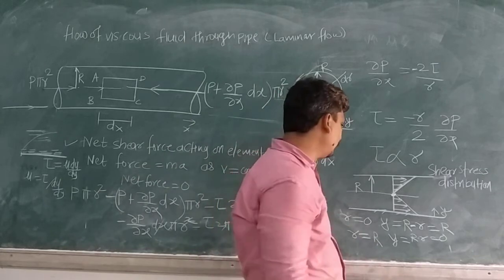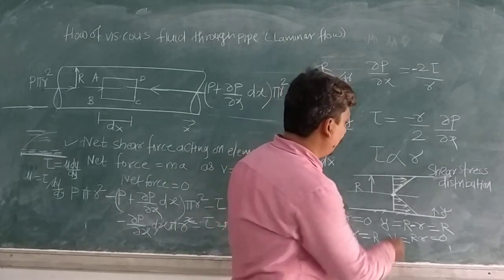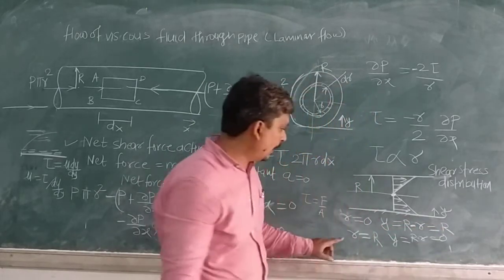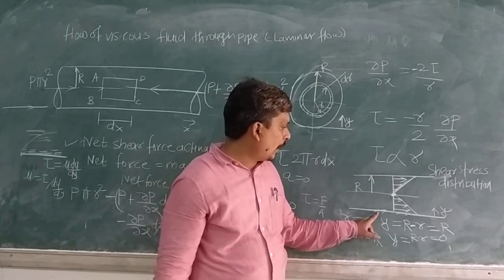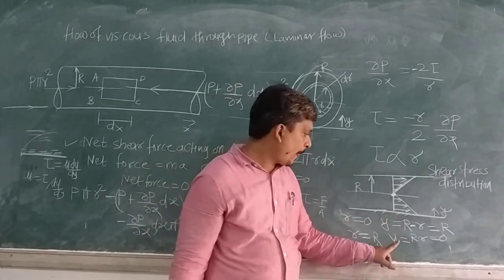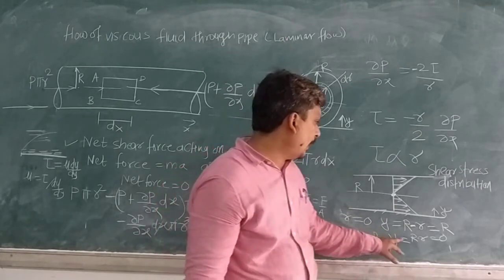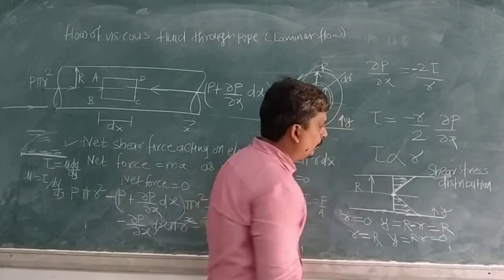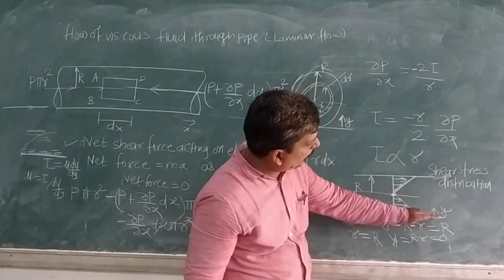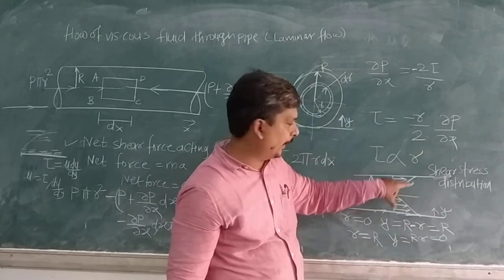At r equals capital R, y equals R minus R, which means at this point y is 0. So y is taken from the wall to the center.